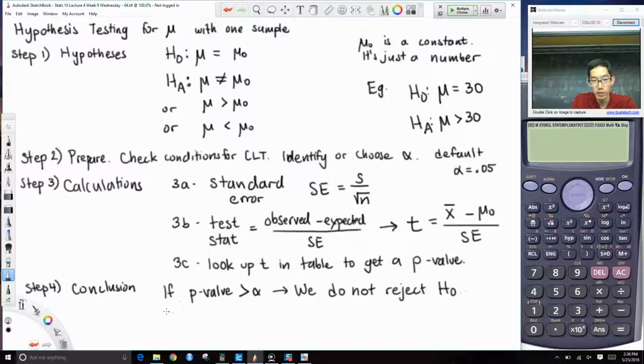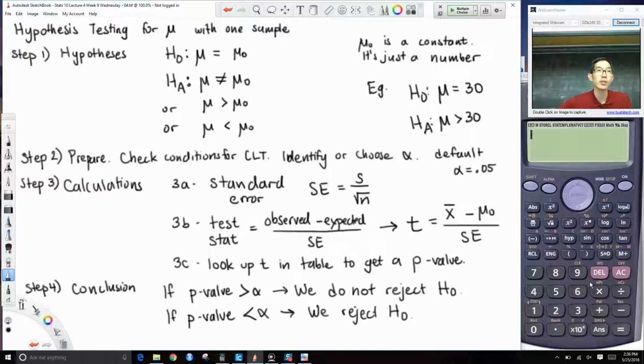And if the p-value is less than alpha, that means we do reject the null hypothesis. Okay. So far so good?